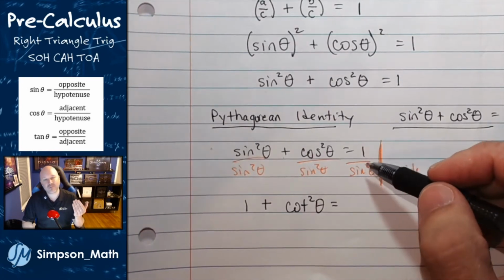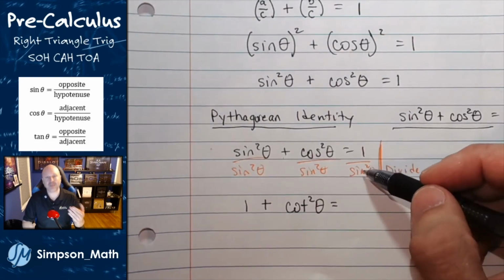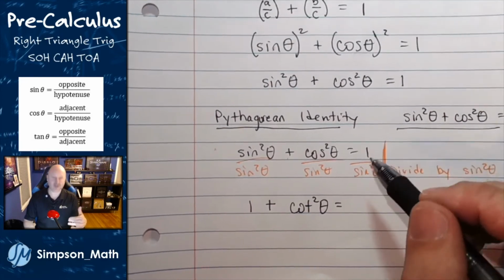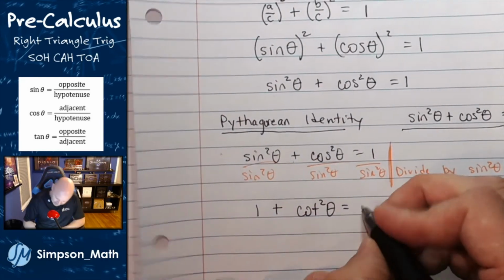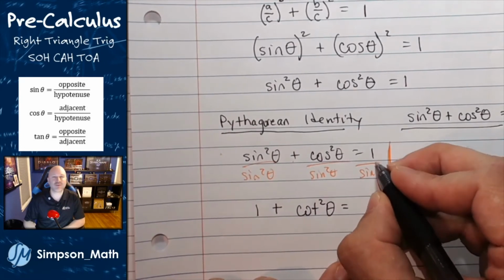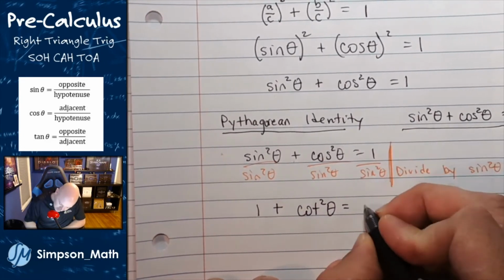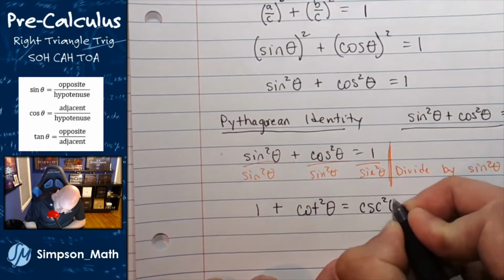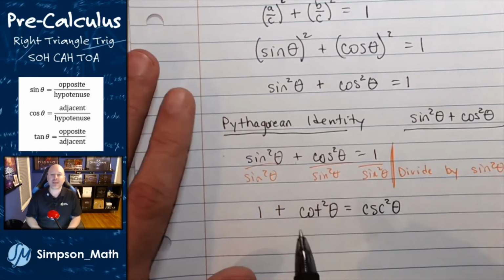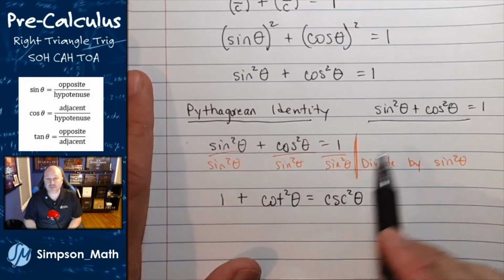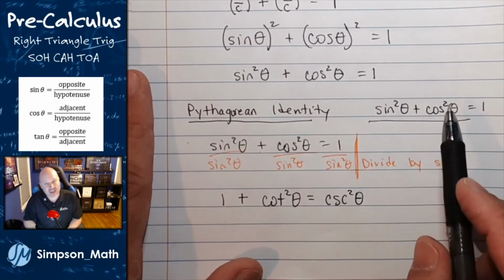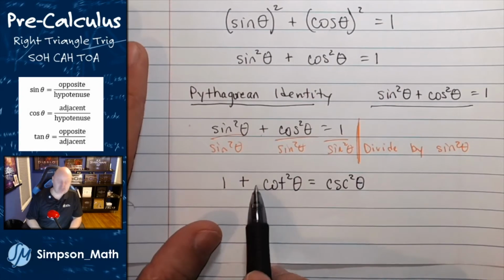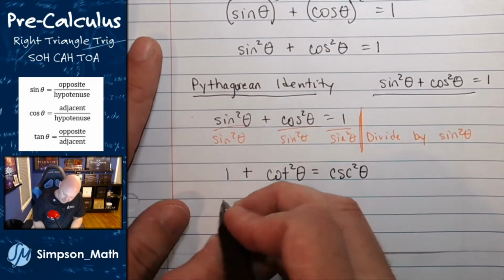So if I have 1 over sine and 1 over sine, I'm going to have cosecant and cosecant, or basically just cosecant squared. This is just cosecant squared. This is just another Pythagorean identity. It comes from this. We derived it from that. Let's do that again. That was a lot of fun.